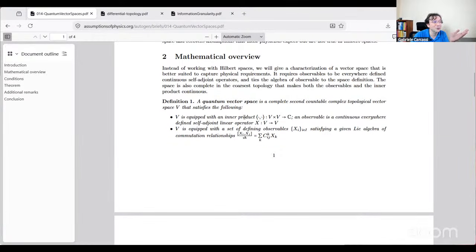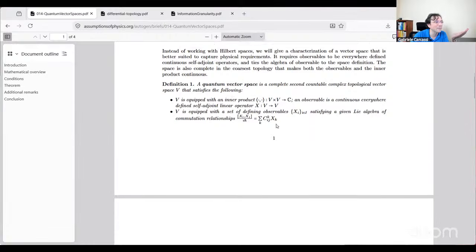So V is also equipped with an inner product, and an observable is a continuous everywhere defined self-adjoint operator, meaning that it's everywhere defined, all the states must have the value defined, and it needs to be continuous because small changes in states have to give you a small change in the observable. So this is completely physically justifiable.